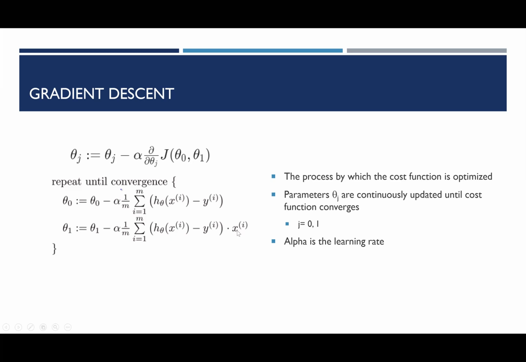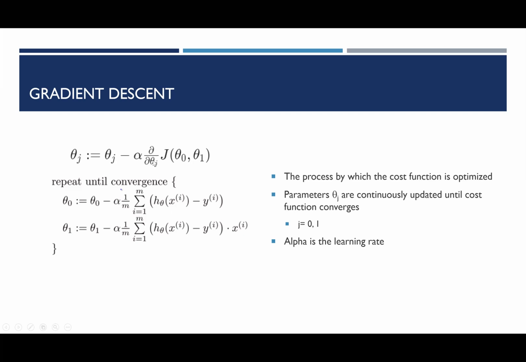Notice how theta 1 requires you to multiply by the x value. That x value is whatever the ith x i is, so if you have x2, whatever that x2 value is, you would multiply by the difference between h of theta and y.